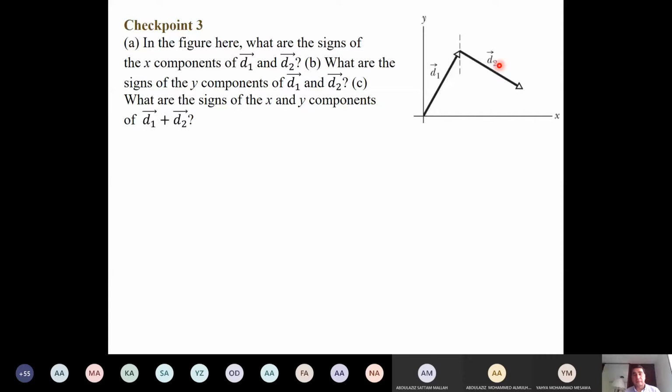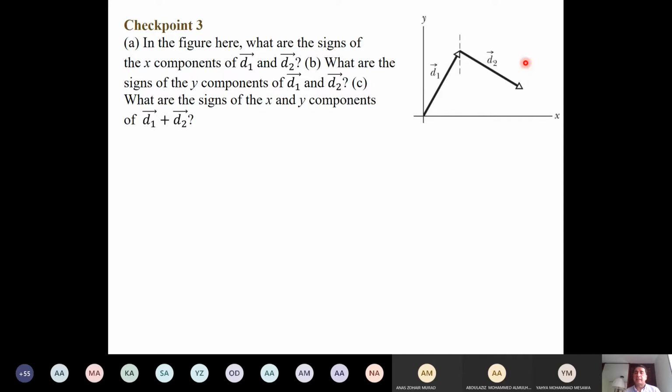The x component is positive because it still extends in the positive x direction, this way. And the y is negative. When we go towards y, for d1 the y is going in the increasing direction of y, and d2 is going in the decreasing direction of y, so the y component for d2 is negative.